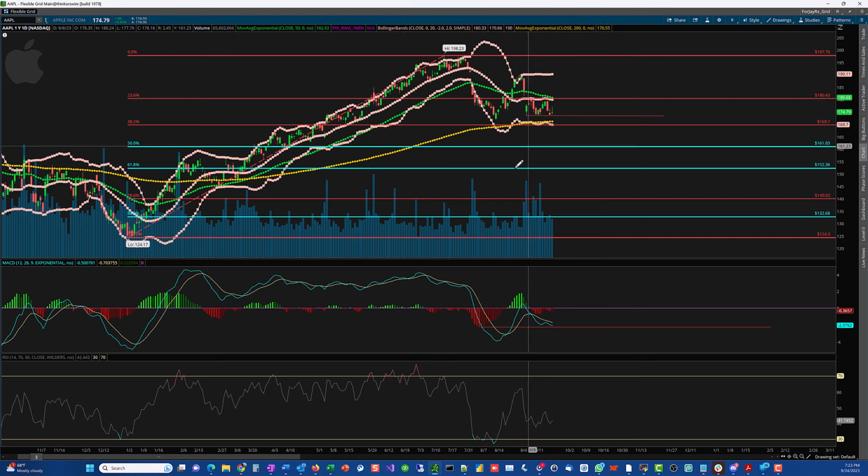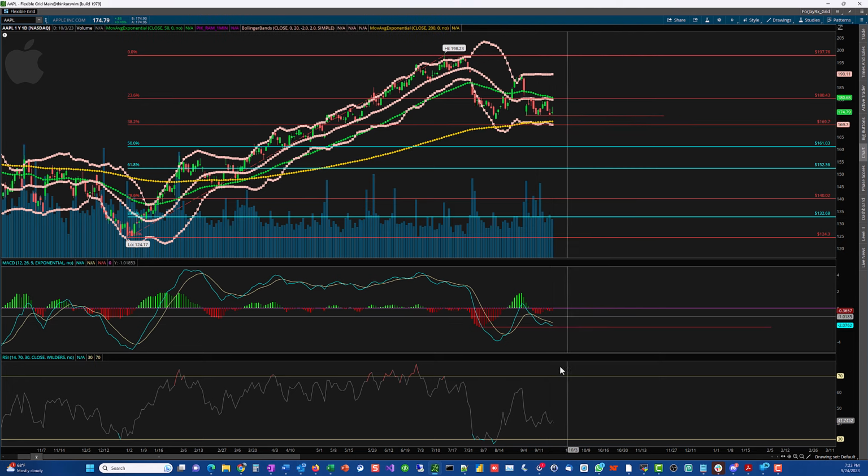You have to be very mindful. I can't guide you based on that stuff, but if I guide you on what I'm looking at, I'm thinking that look, this mountain is smaller. There's a support area here, and there's another support area over here. You got the 200-day moving average as well as the lower Bollinger Band all around this area.